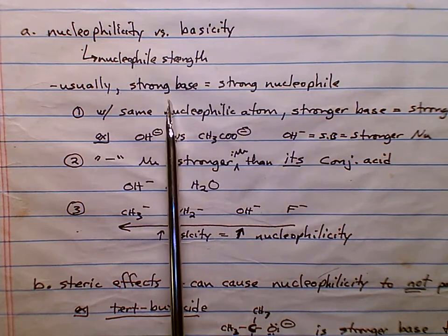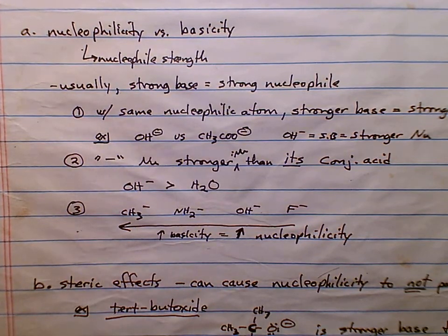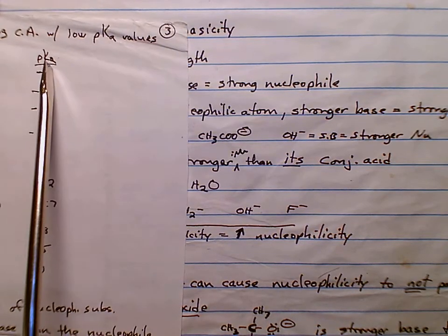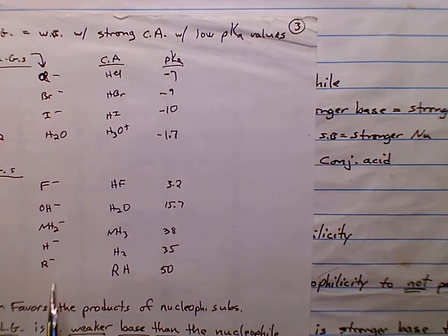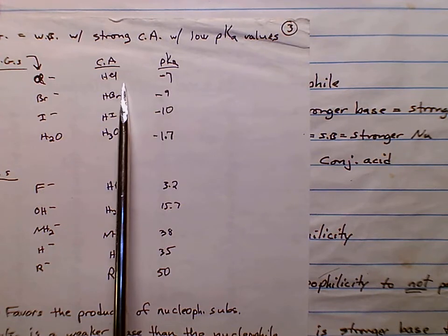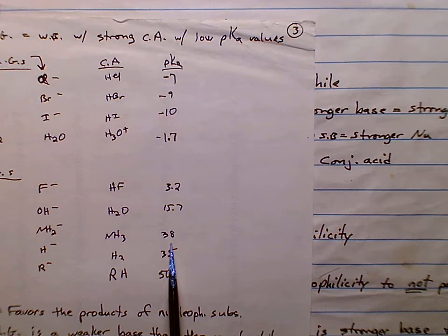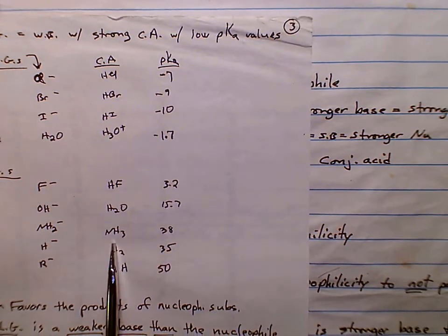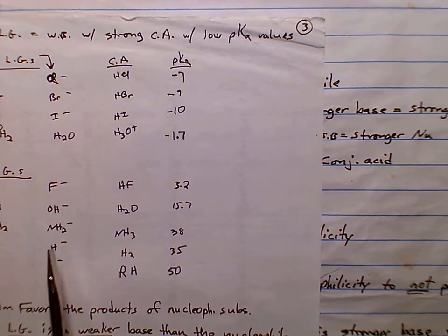Strong nucleophiles are strong bases, weak nucleophiles are weak bases, usually, which means you can tell how good a nucleophile something is based on how good a Bronsted base it is, and you can use pKa's of the conjugate acid to tell you how strong the base is. pKa of -7 means HCl is a strong acid, which means chloride is a weak base. pKa of 38 means NH3 is a very, very, very weak acid, which means NH2 minus is a very, very strong base.